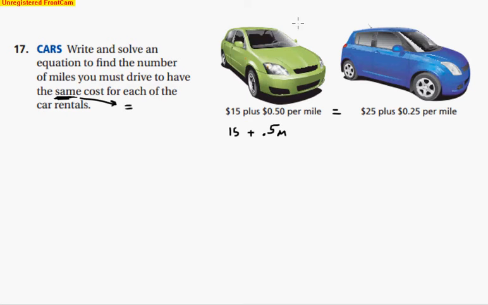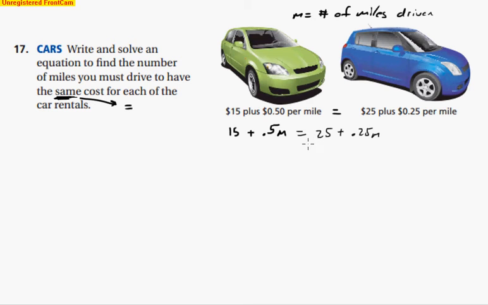So I'm going to say M equals the number of miles driven. Now we're going to set this equal to the other, which is 25. You're always going to pay that $25, but only one time. Then you pay 25 cents for every mile. So you pay less per mile here, but you start off with more money initially.